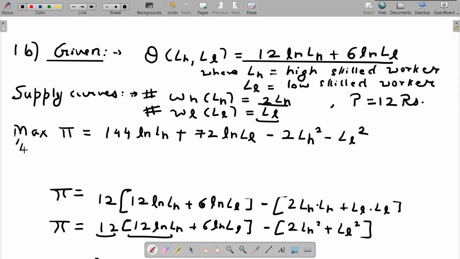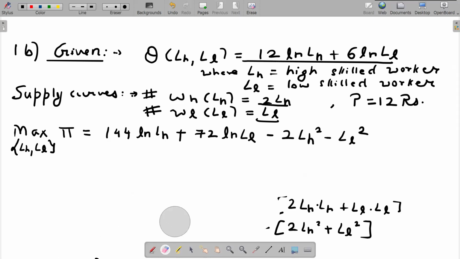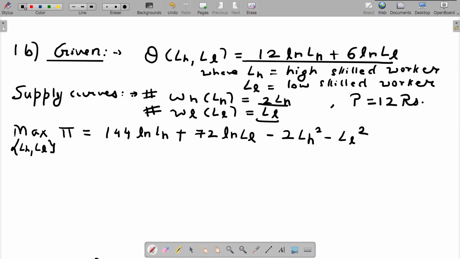And we need to choose LH and LL in order to maximize the profit. We need to choose how many high skilled workers and how many low skilled workers to hire. Let's look at the derivatives now. Let's calculate the partial derivatives, first order conditions.